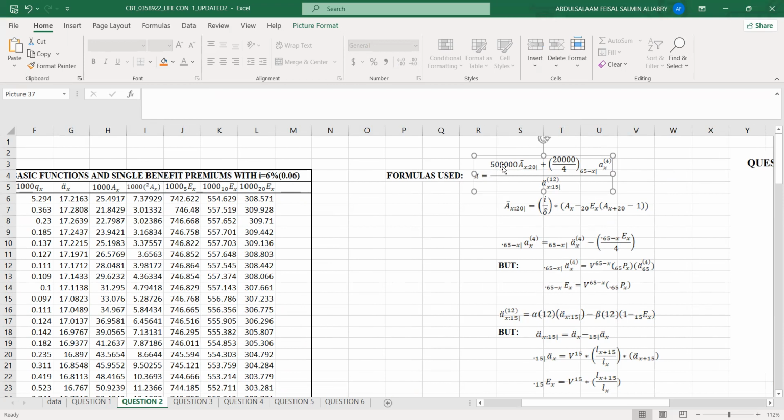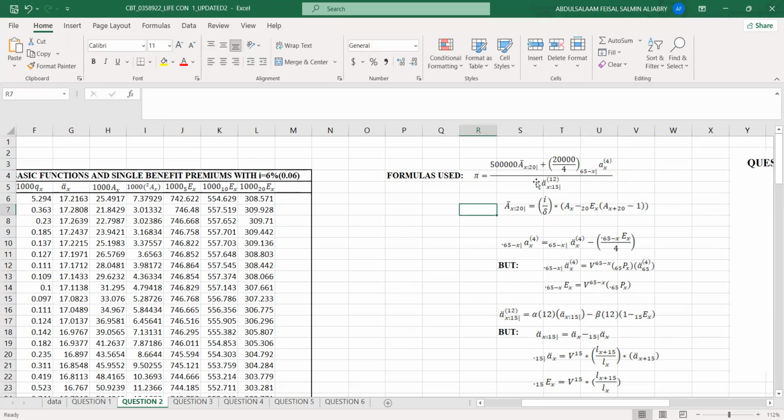The formula is 500,000 multiplied by the continuous endowment insurance for 20, plus 20,000 over 4 multiplied by the 65 minus x deferred annuity, power 4, which means quarterly, all divided by the annuity due for 12 months, n equals 15.